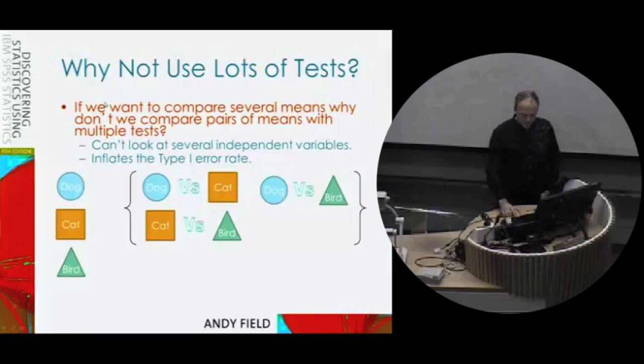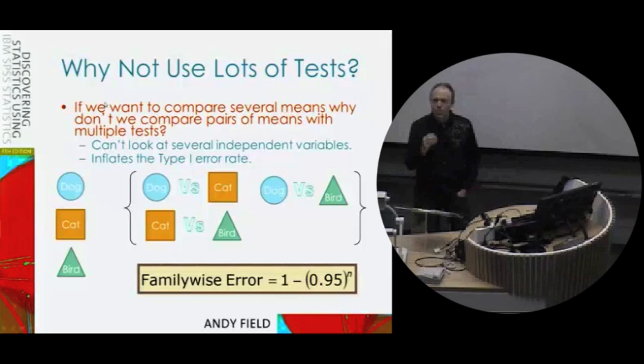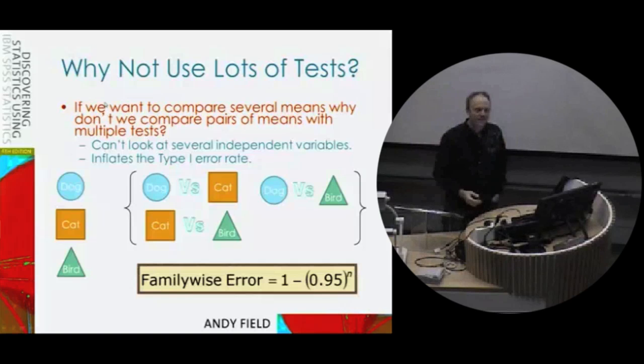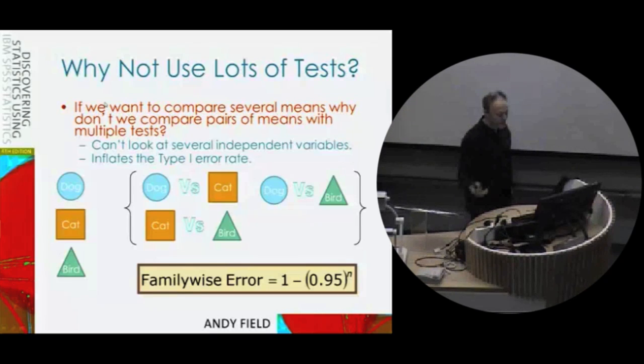Now, if you want to get technical about it, you can work out how those errors add up using this equation. You don't ever necessarily need to do that. The 0.95 is the 5% error flipped on its head, basically. So it's the probability of not making an error. And you power it to the power of n, where n is the number of tests that you've done.